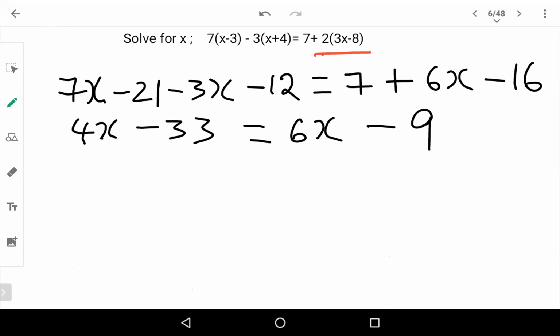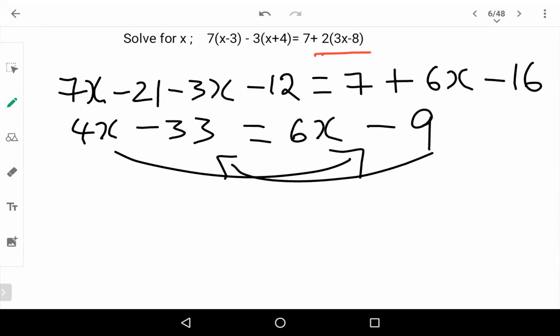Okay. Now, we will be taking 4x to the other side and we will get 9 to this side. So what we are going to do, we are going to take 4x to the other side.